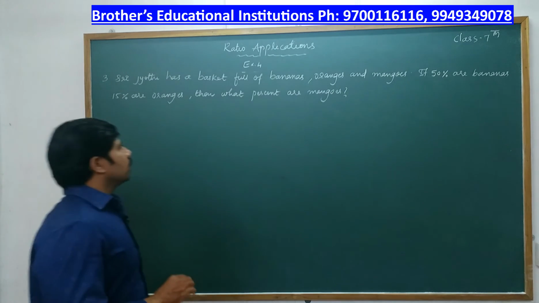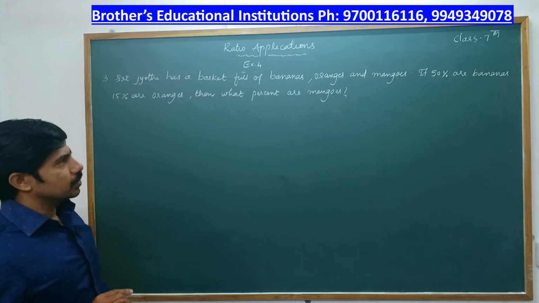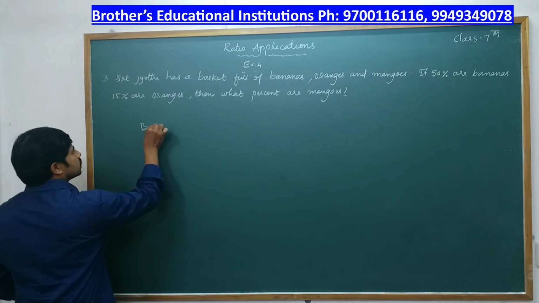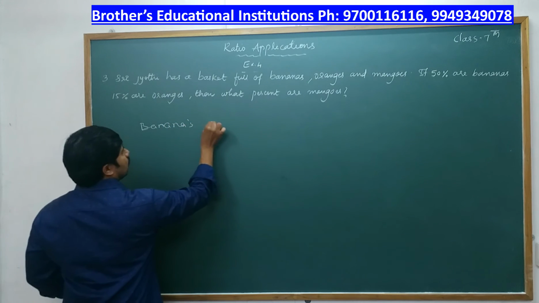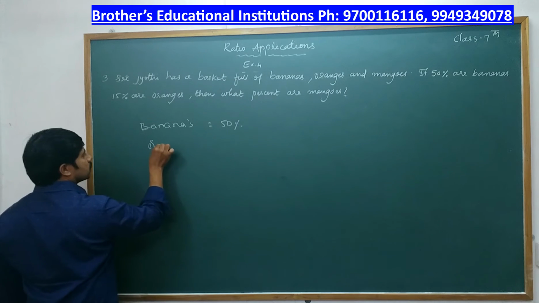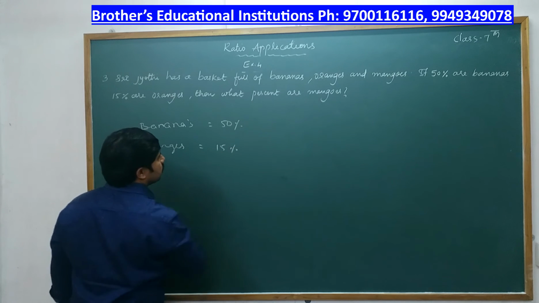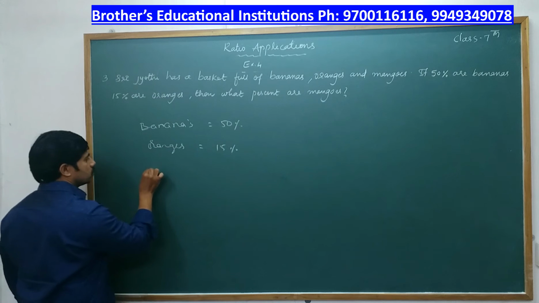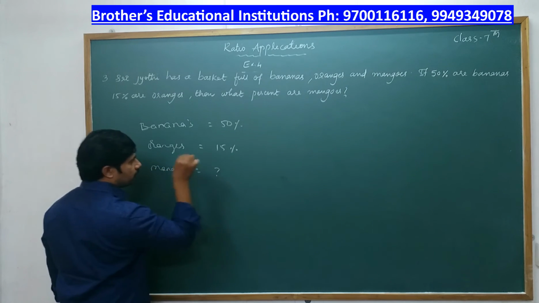So here what we do is, bananas are 50%, oranges are 15%. Now we have to find out the percentage of mangoes.